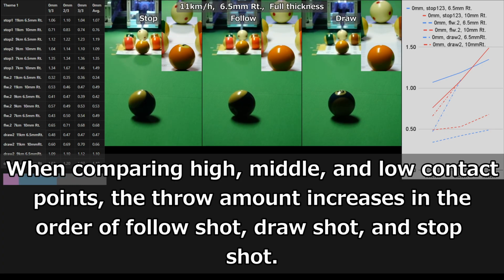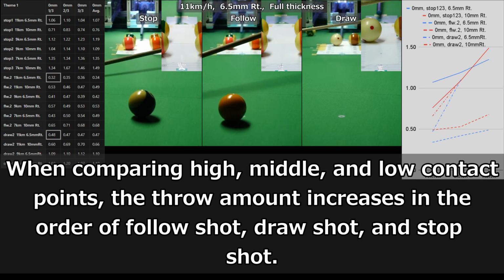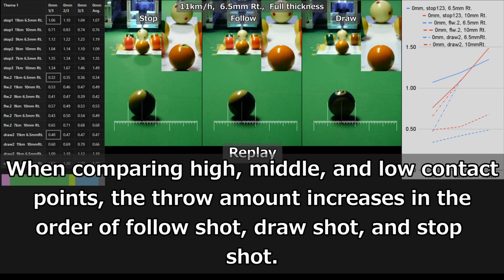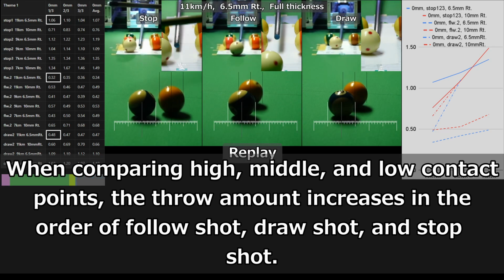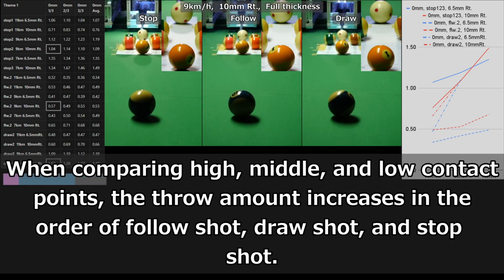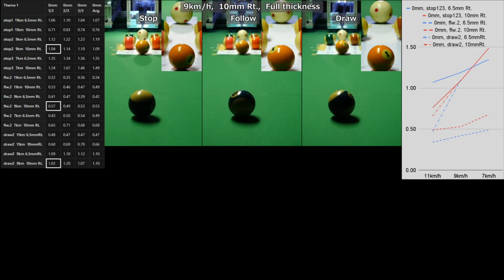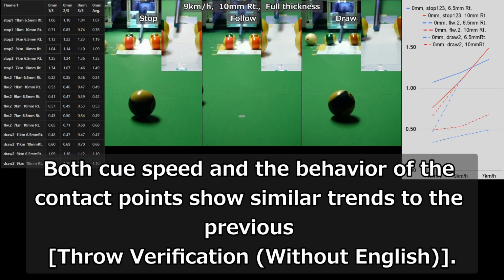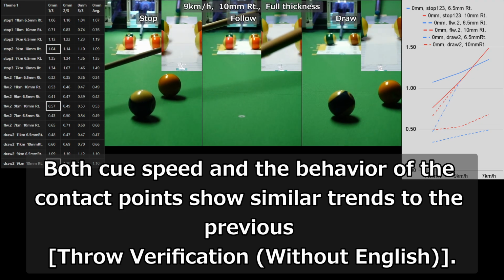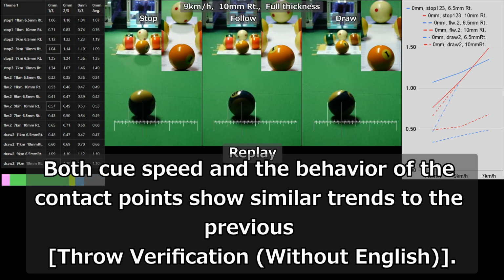When comparing high, middle, and low contact points, the throw amount increases in the order of follow shot, draw shot, and stop shot. Both cue speed and the behavior of the contact points show similar trends to the previous throw verification, without English.